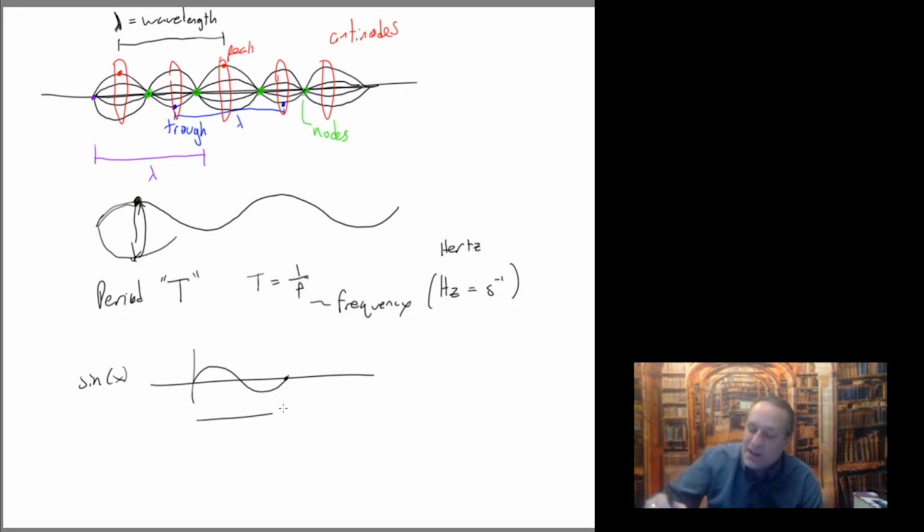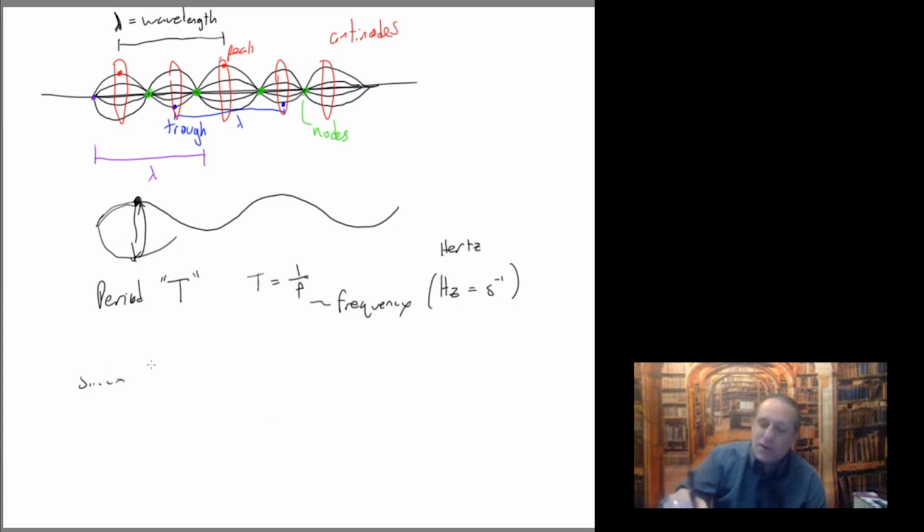The period is this distance. That's how long it takes. But I don't want to confuse it. This is a graph. And so what you call the period in math class is more like the wavelength. This graph is moving. That's the difference. This is moving. So it's not the same. I don't want you to confuse those two things.